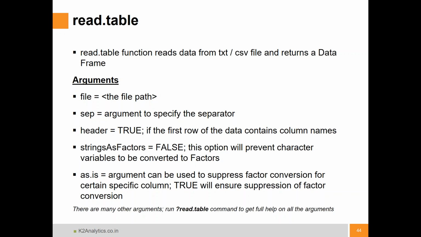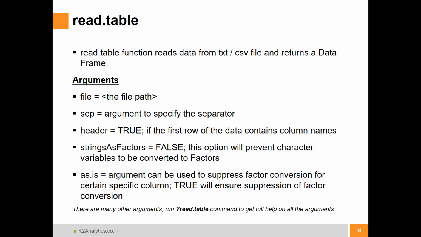No. So the import function needs the parameter of which file you wish to import. Will it know whether the column names are available at the top of the file? By default it may not know, so you may have to say whether the column names are there in the file or not.